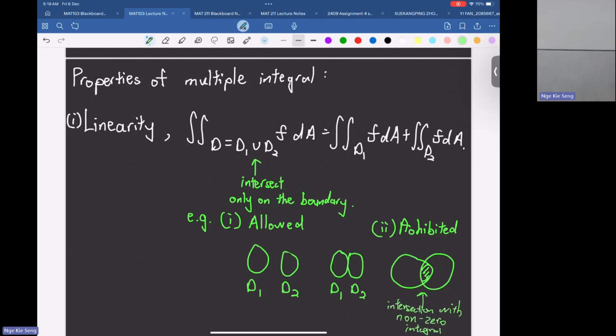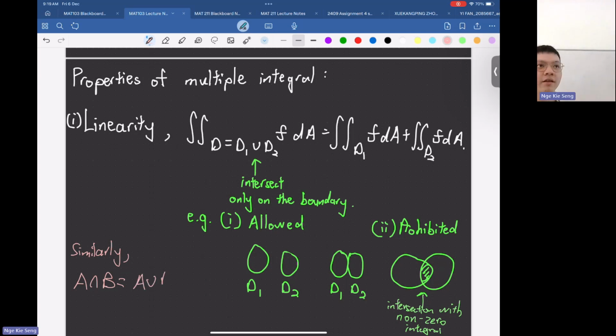If you split them, you will compute this non-zero integral twice. It's similar to the idea in set theory, when you do A intersect B. So what's the formula for A intersect B?